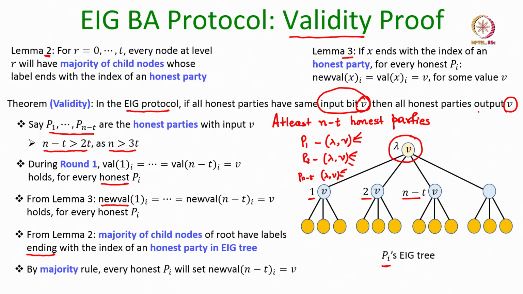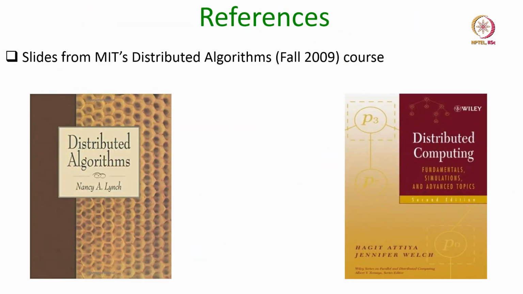So, by the majority rule, every honest party will assign new value v to their respective root nodes, and that will be the overall output of the EIG protocol. That completes the validity proof, and that also concludes today's lecture.